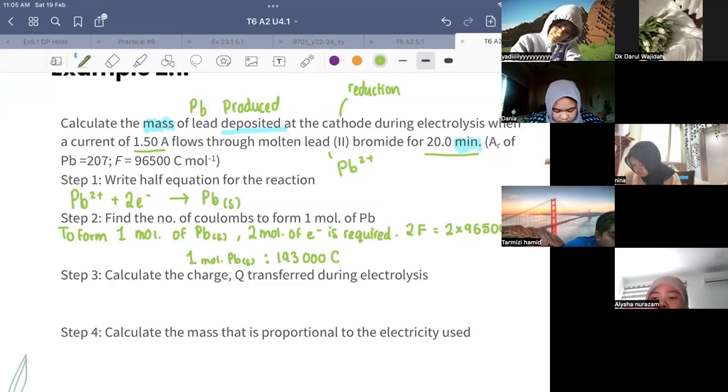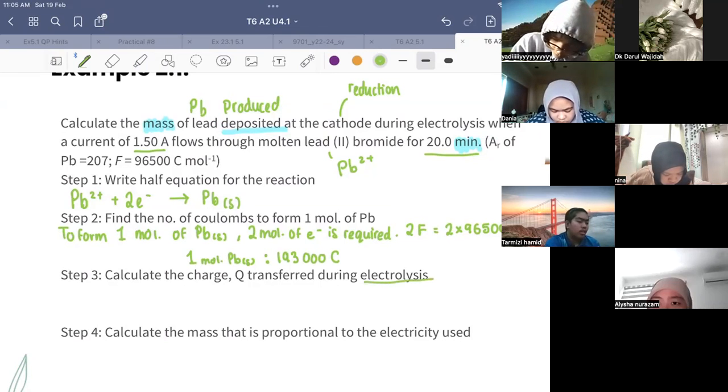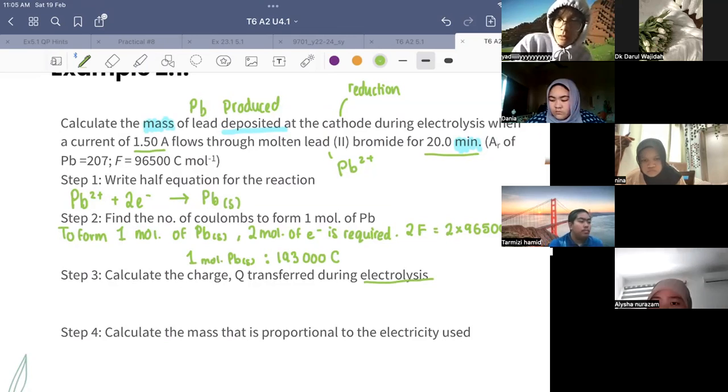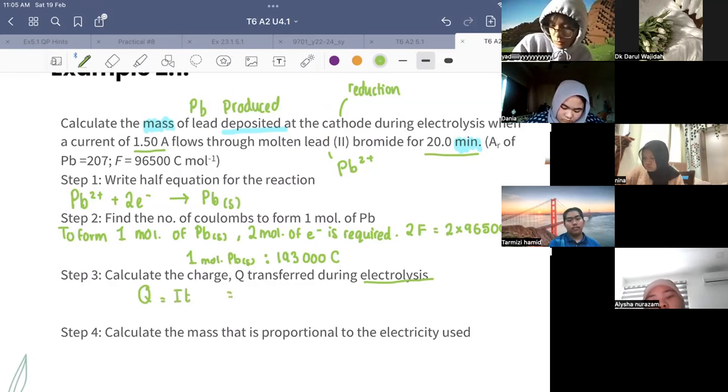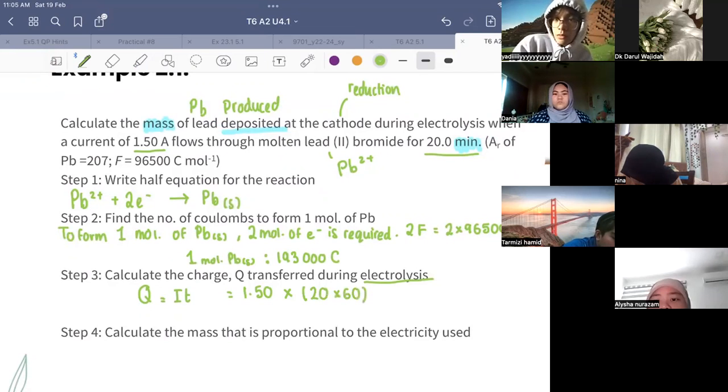Step 3, calculate the charge Q transferred during electrolysis. I want to know in my setup how much charge I have. Q equals IT, where I is the current, 1.50 amperes, times T, which I need to convert into seconds.